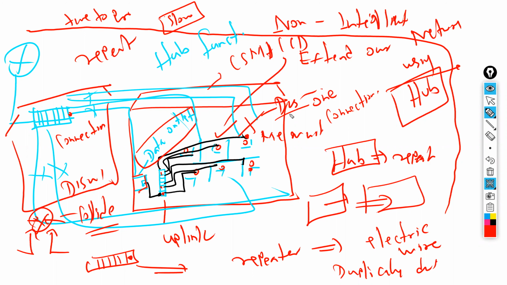Whatever the hub gets, it sends to all the computers attached to that hub, which is unnecessary, makes a burden on the network, and causes the slowness of the network. That happens in the hub because it's not an intelligent device. It can't identify where this data should go.